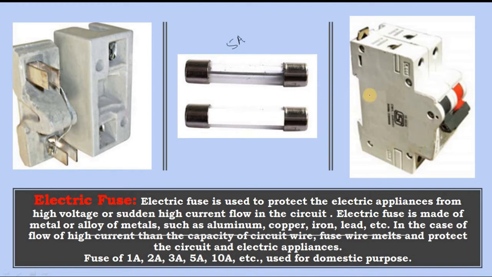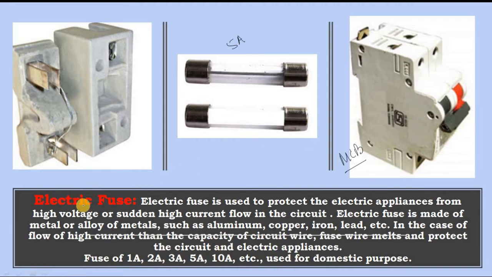And the third type of fuse is now called an MCB, miniature circuit breaker. These are used nowadays to protect the circuit. Wherever your AC is fitted, there you can see an MCB fitted with the circuit. This MCB, miniature circuit breaker, if in any condition or accidentally, more current flows in the circuit, trips down and protects the circuit.